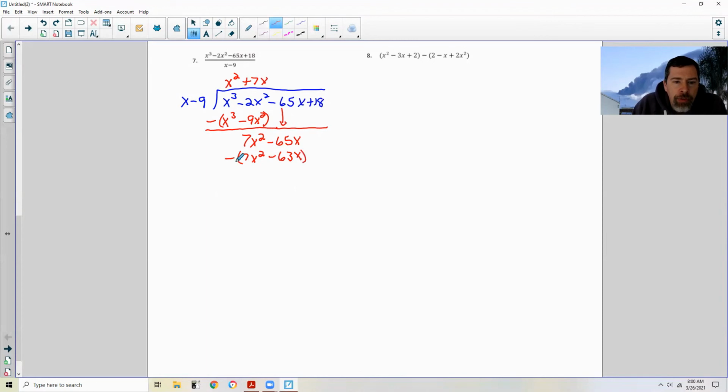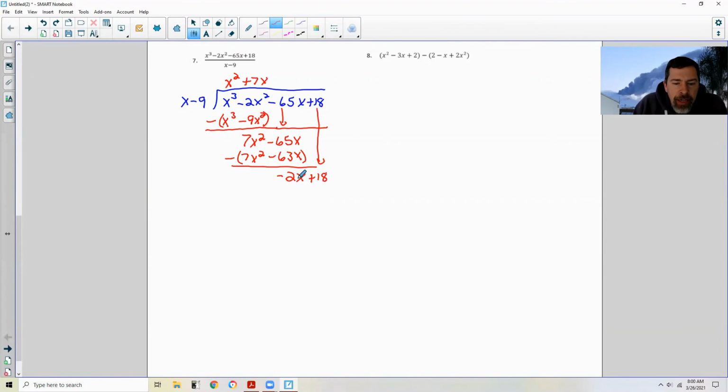And I'm going to subtract. 7x squared minus 7x squared is 0. Negative 65x minus a negative 63 is plus 63. That will give me negative 2x. Bring down my plus 18.